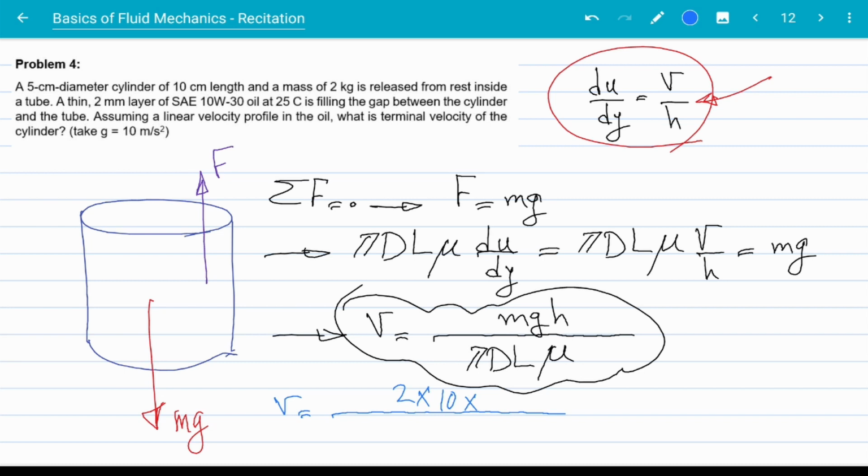Gap is 2 millimeters, so that is 2 times 10 to the negative 3, over pi times the diameter of the cylinder, which is 5 centimeters, so that is 0.05, times the height of the cylinder, which is 10 centimeters, 0.1, times mu. We read it earlier from the tables, 0.15 Newton seconds per meter squared. Now using a calculator, terminal velocity is 16.97 meters per second.